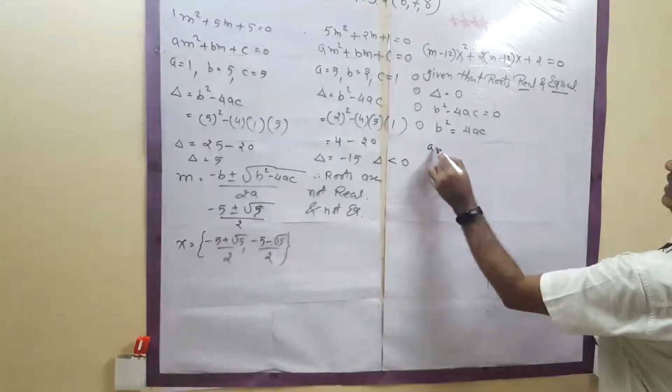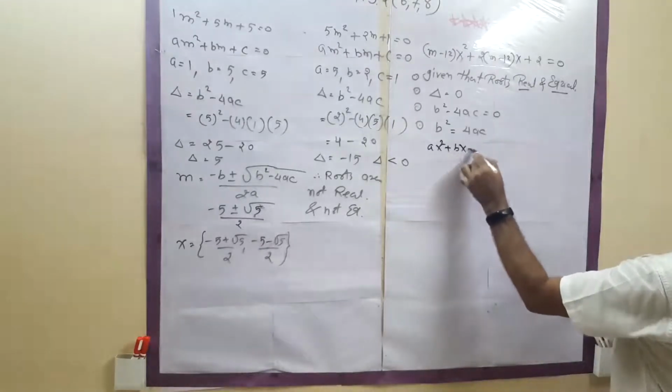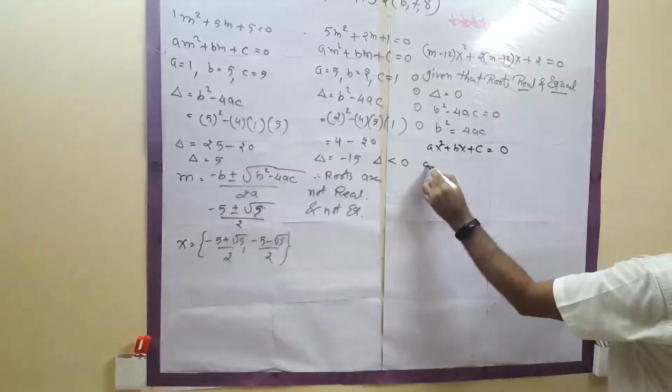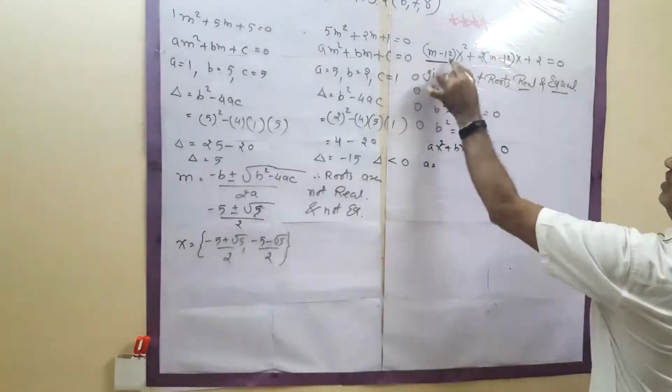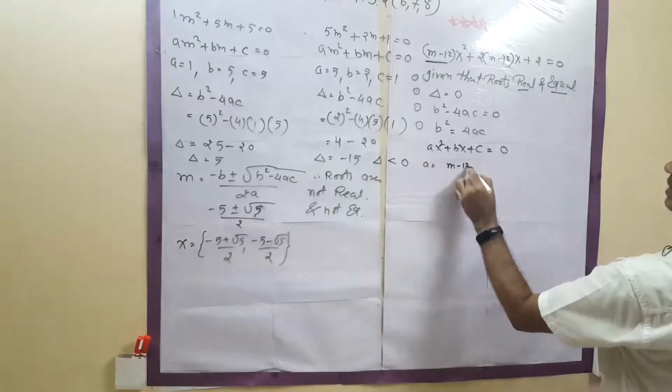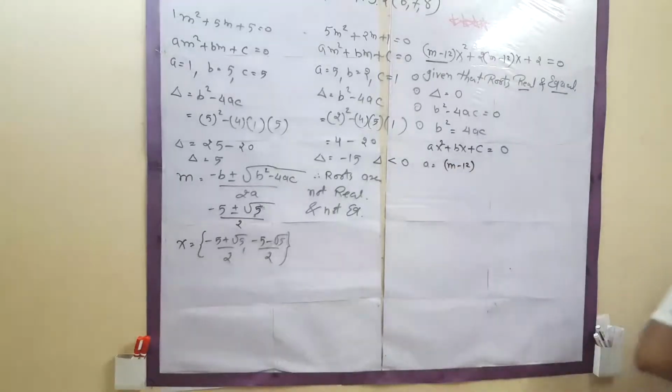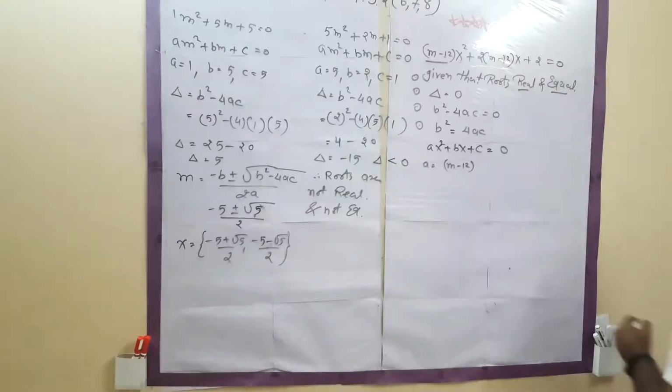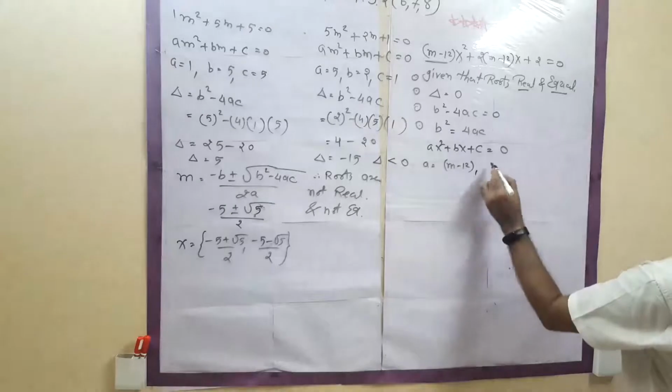Now compare to ax square plus bx plus c is equal to 0. A will be this full, and minus 12. Both are single power or double power, that I have to check again. Single power. What is b?